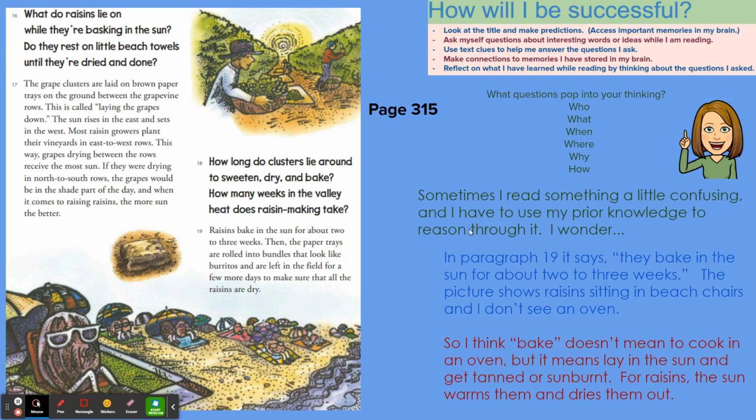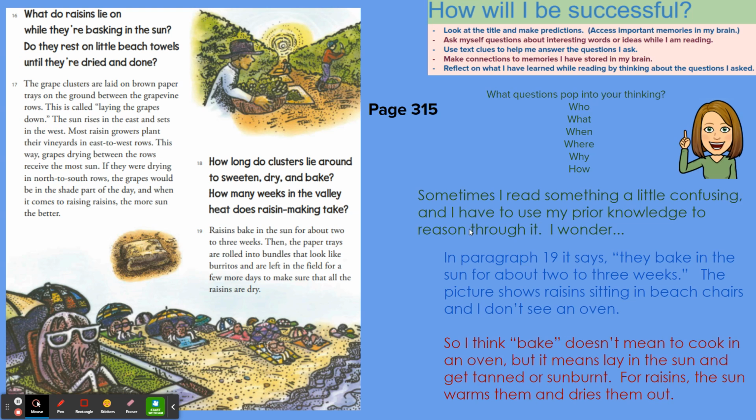In paragraph 19, it says they bake in the sun for about 2 or 3 weeks. But the picture shows raisins sitting in beach chairs, and I don't see an oven. So I think bake doesn't really mean to cook in an oven, but it means to lay out in the sun and get tanned or sunburnt.